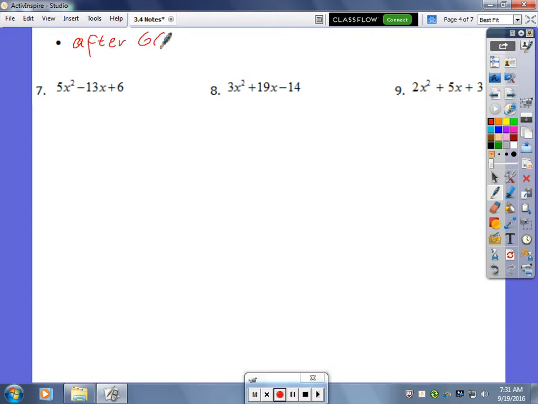So after finding the GCF, if a is greater than 1, and that goes for our standard form of ax squared plus bx plus c, we need to do a technique that's called factor by grouping.